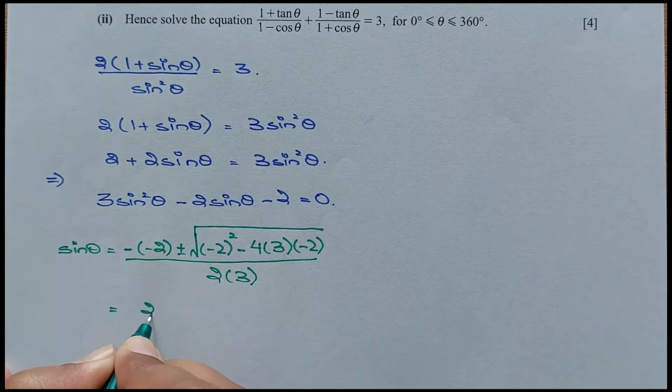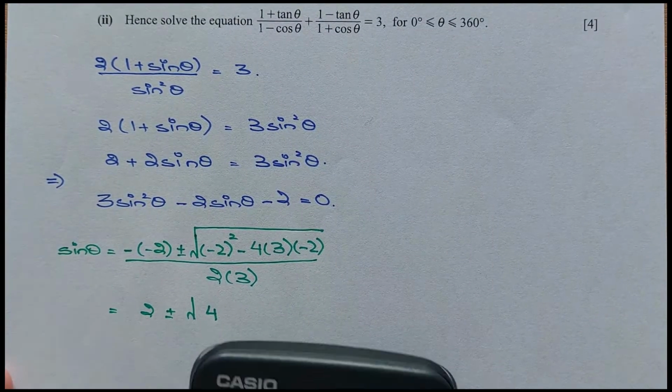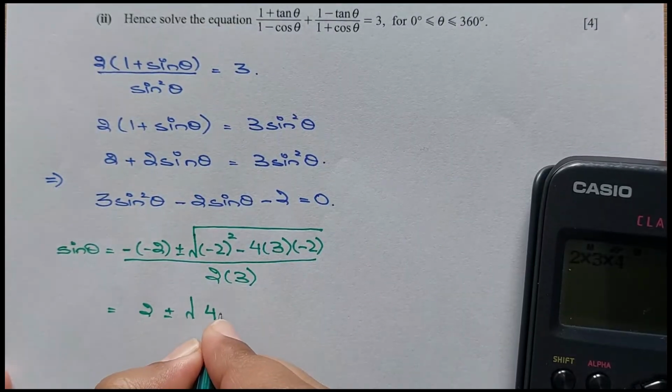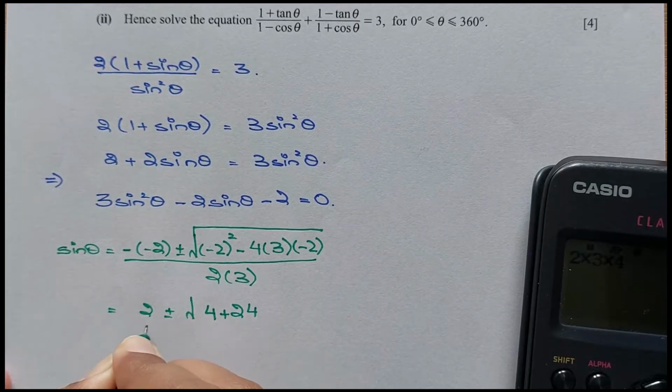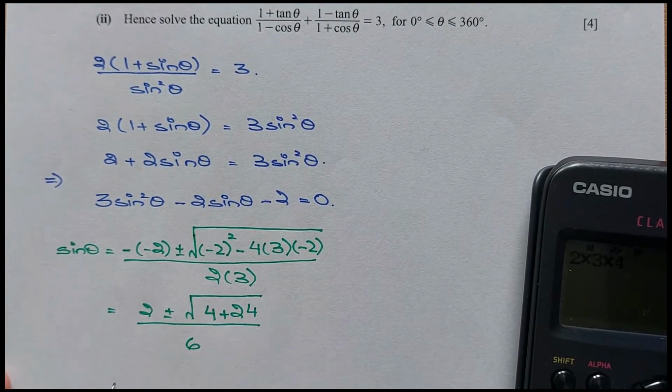So we have 2 plus minus square root of 4, negative times negative is positive, 2 times 3 times 4 is 24, plus 24, and then dividing by 2 times 3 is 6. 24 plus 4 is 28.